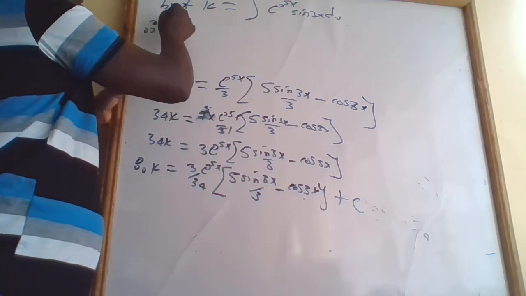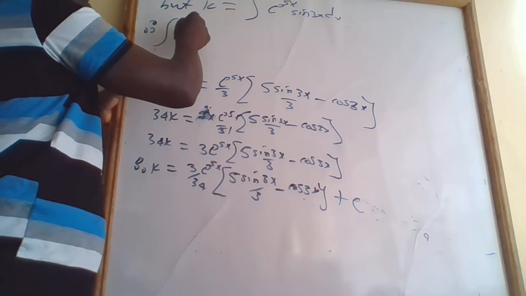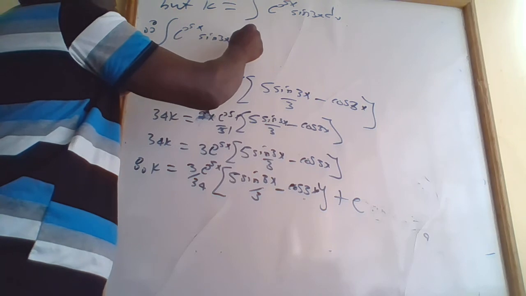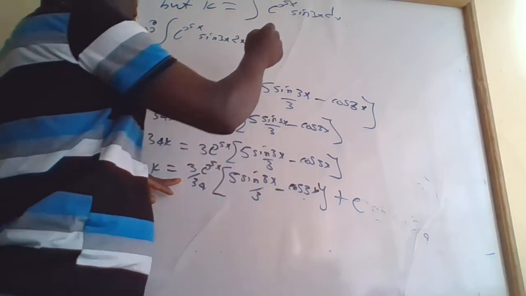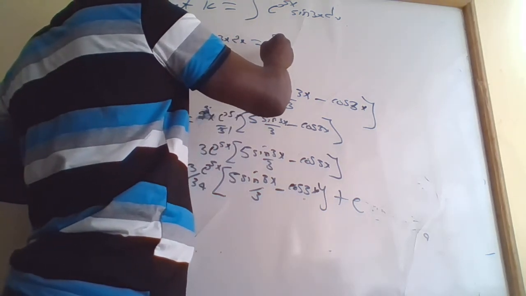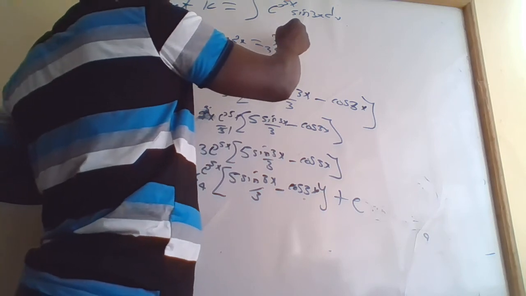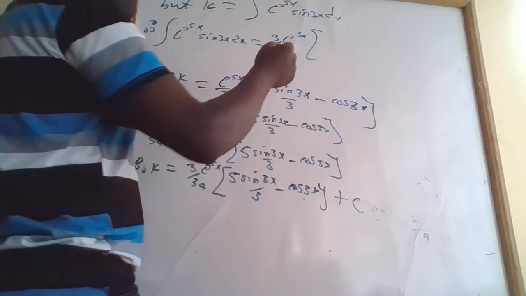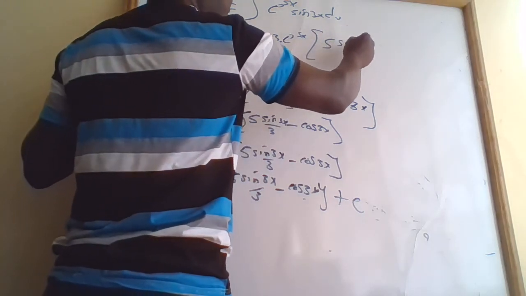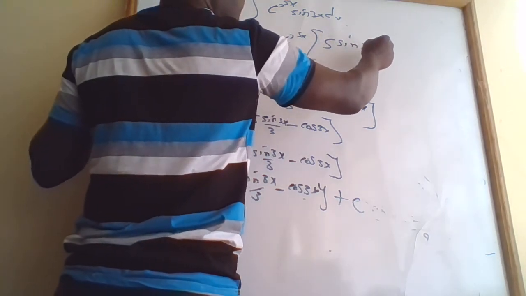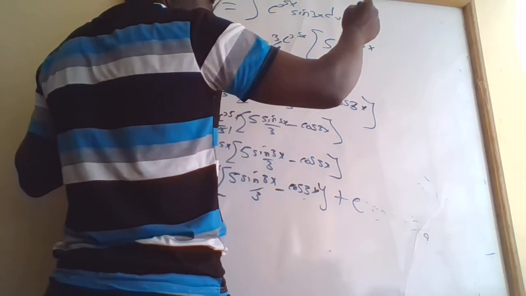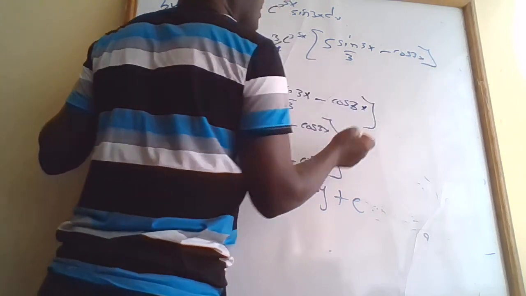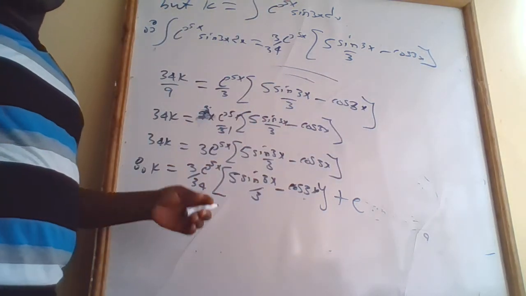Therefore, the integral of e^(5x) sine 3x dx equals 3 over 34 e^(5x) into 5 sine 3x over 3 minus cos 3x. Thank you for listening.